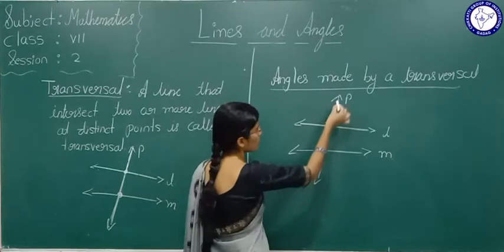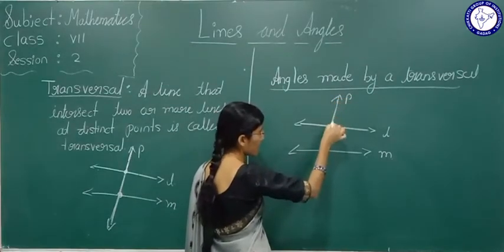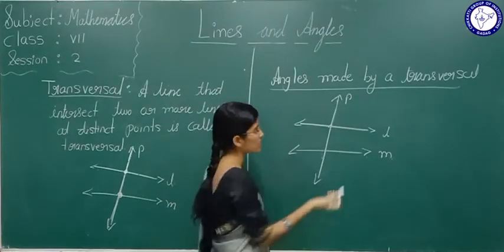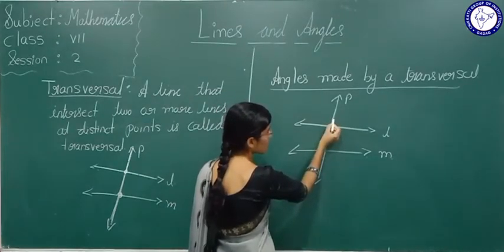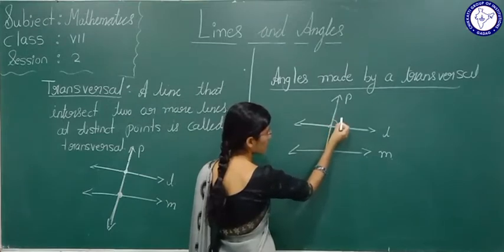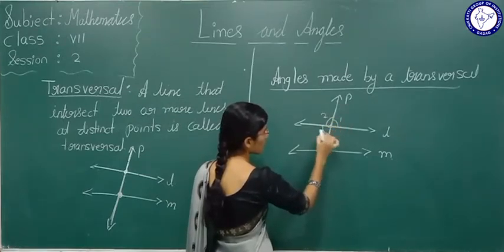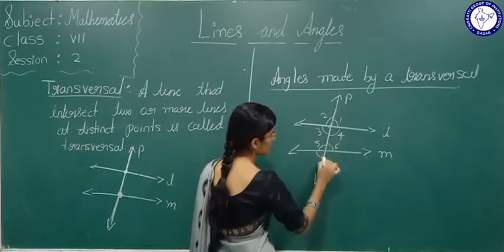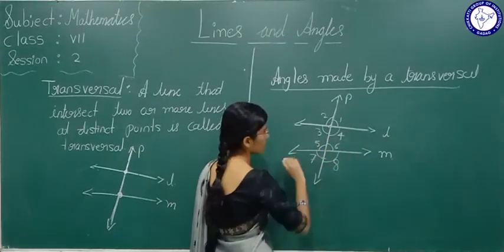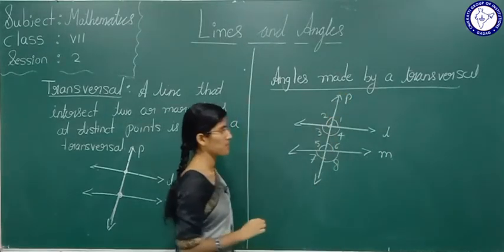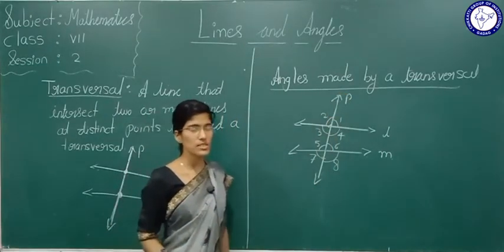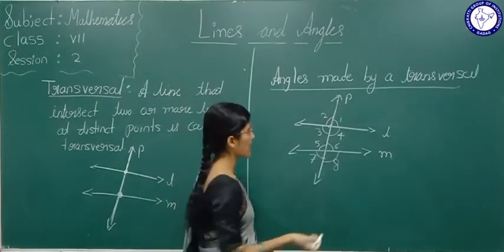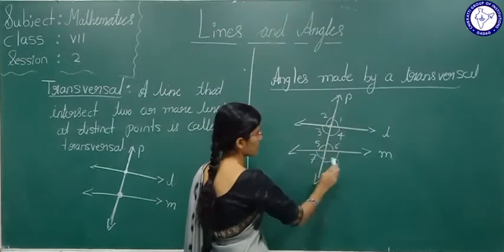When this line P intersects the two lines at different points, how many angles are we going to form? Angle 1, 2, 3, 4, 5, 6, 7, 8. If a line intersects two lines at distinct points, at that time we form 8 angles.